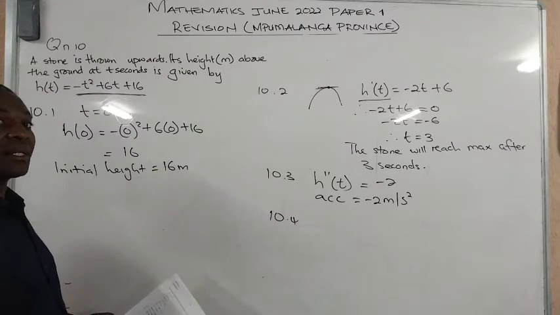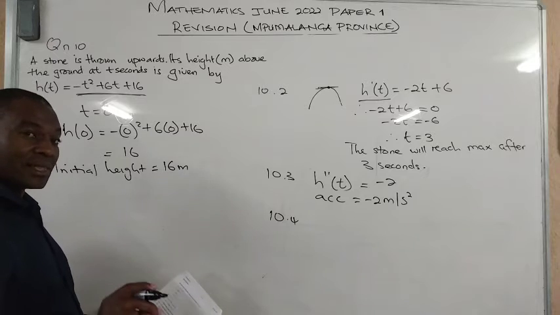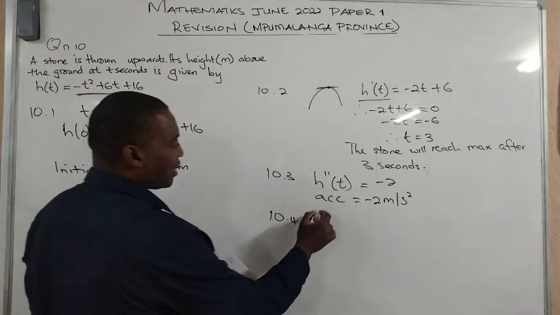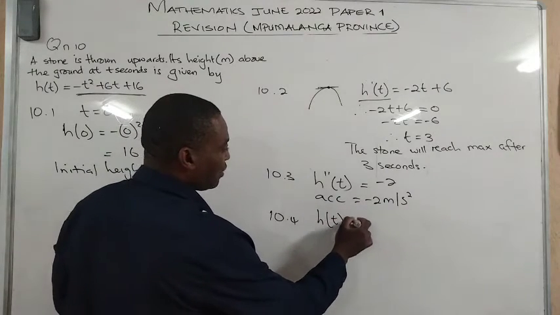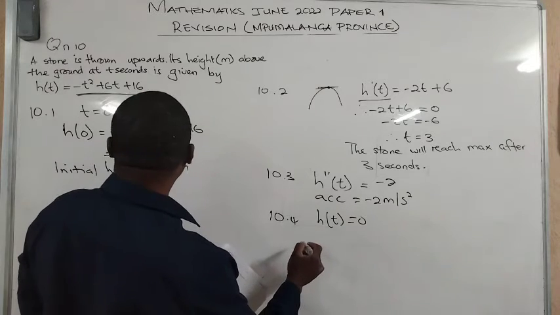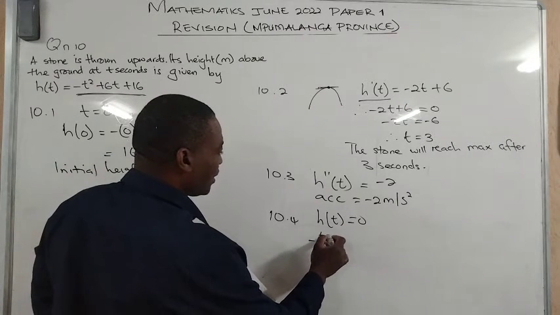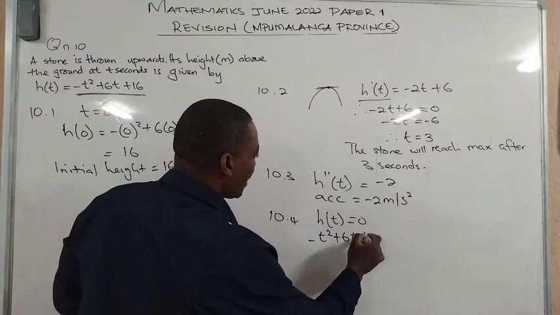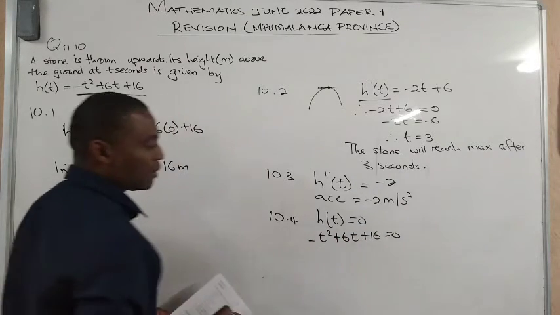So when it hits the ground, it means its distance from the ground is 0. So h of t will be 0 when the stone hits the ground, which implies negative t squared plus 6t plus 16 will be equal to 0.